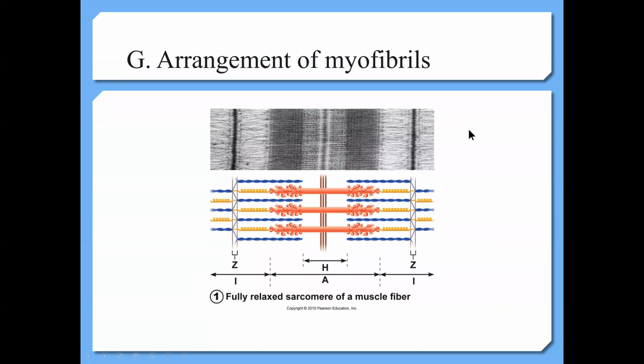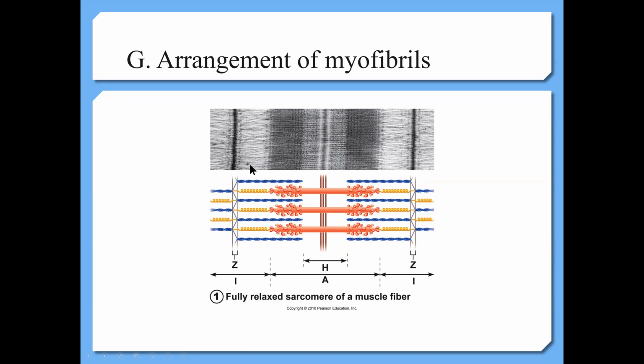Okay, this is an electron micrograph showing you the Z disc from there to there. This is the I band. This is the A band. Now, wouldn't it have been good if they had named it the I band, the A band, because the I band only has actin, and named the A band the M band because that has myosin.